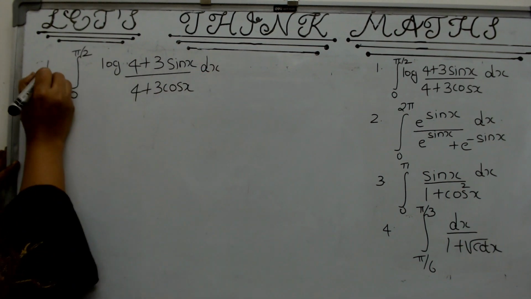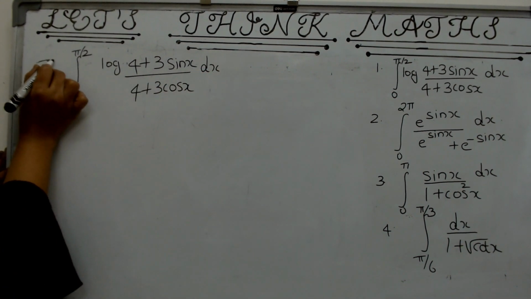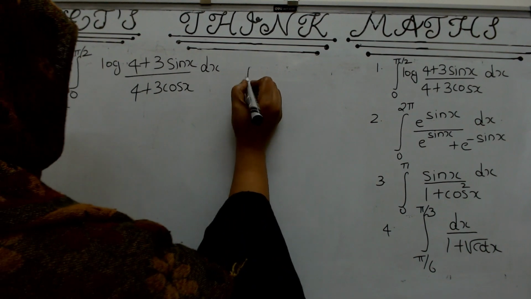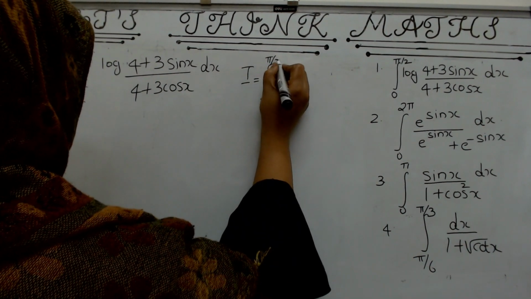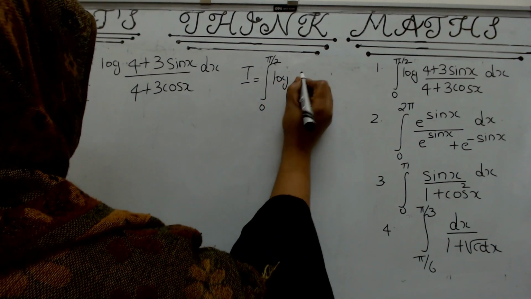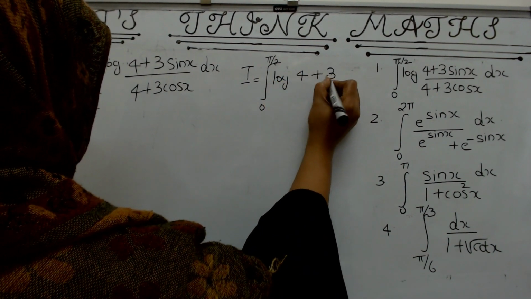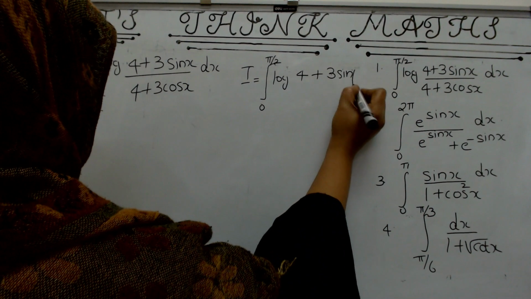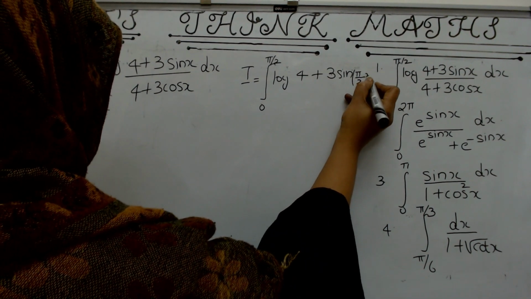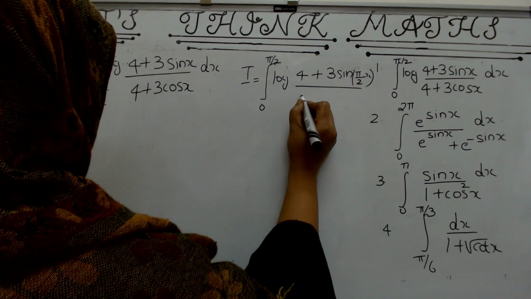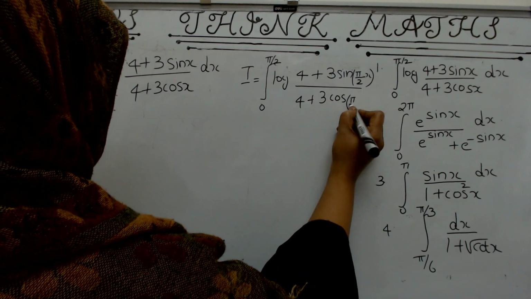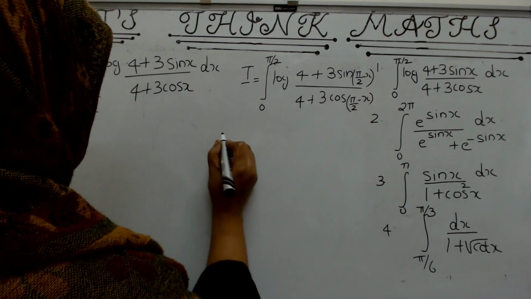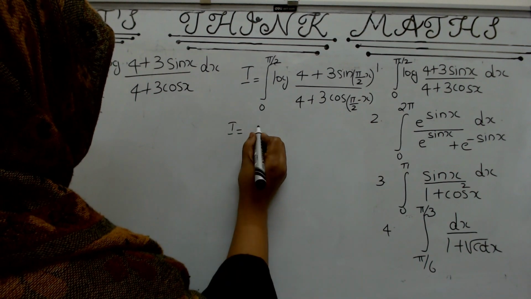This is I. Take this as I. But what is also I? If you substitute sin x by pi by 2 minus x, and you substitute this by pi by 2 minus x, what happens then?